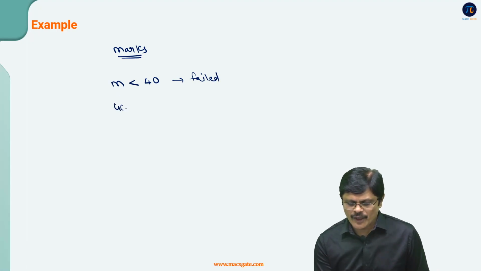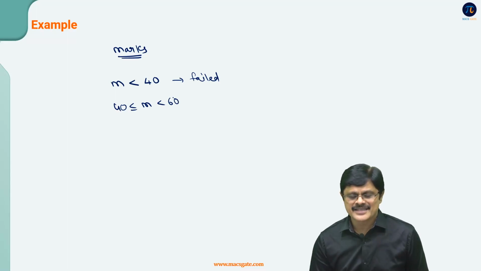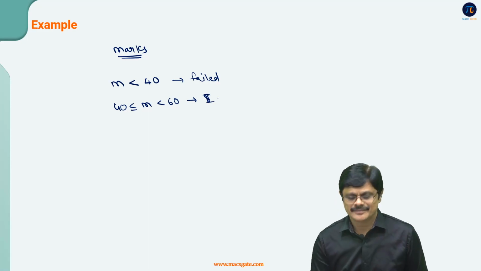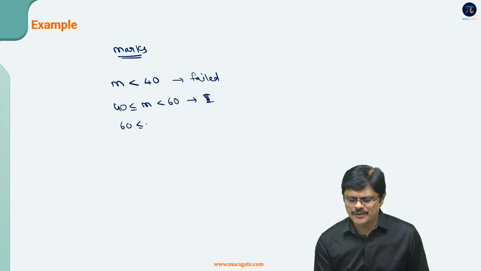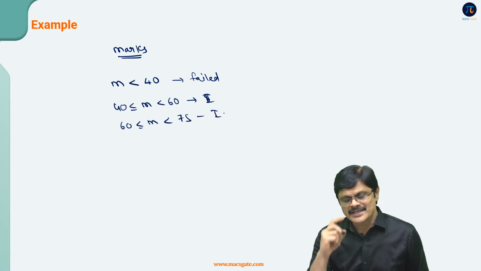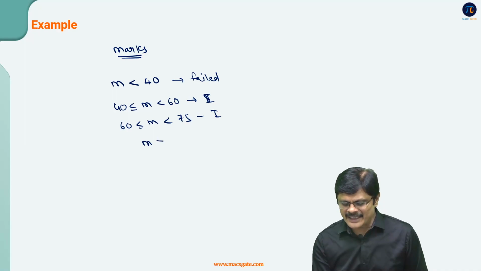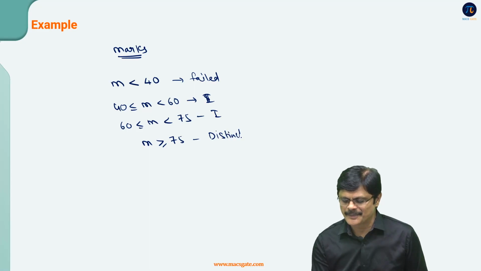Now suppose the student gets 40 marks to 60 marks, then let us call it second division. Now from 60 to 75, let us call it first division. Now if we get anything greater than or equal to 75, let us call it distinction.